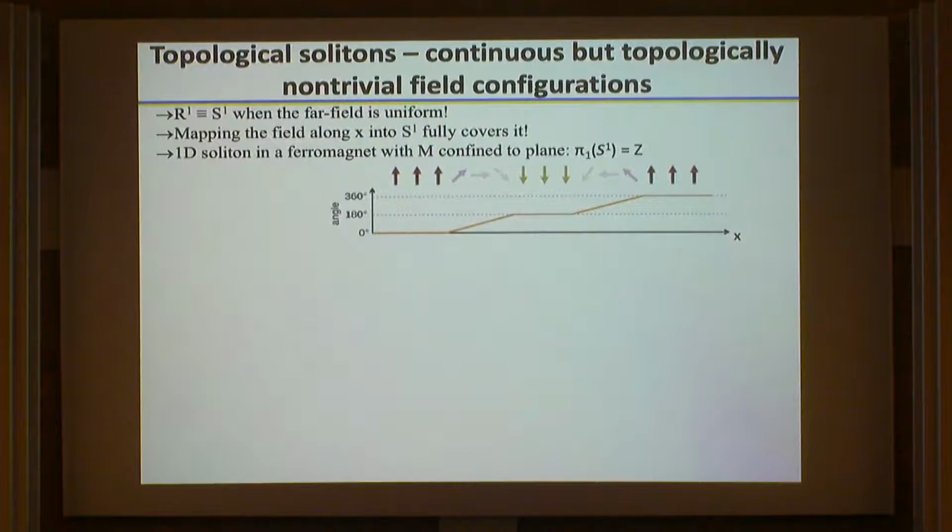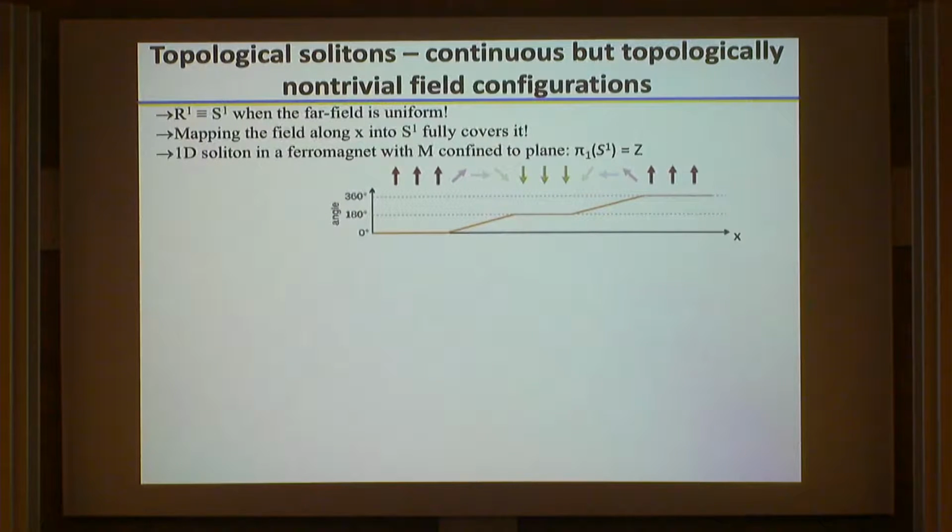This uniform background can be extended to infinity. However, within the small region along the x coordinate, we have a one-dimensional topological soliton.